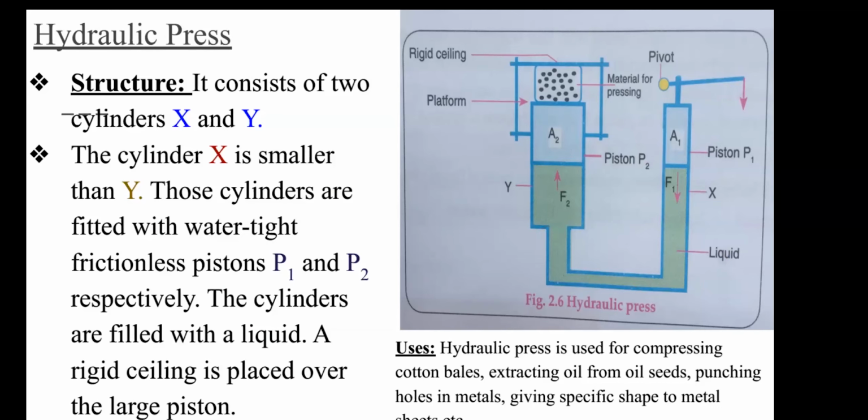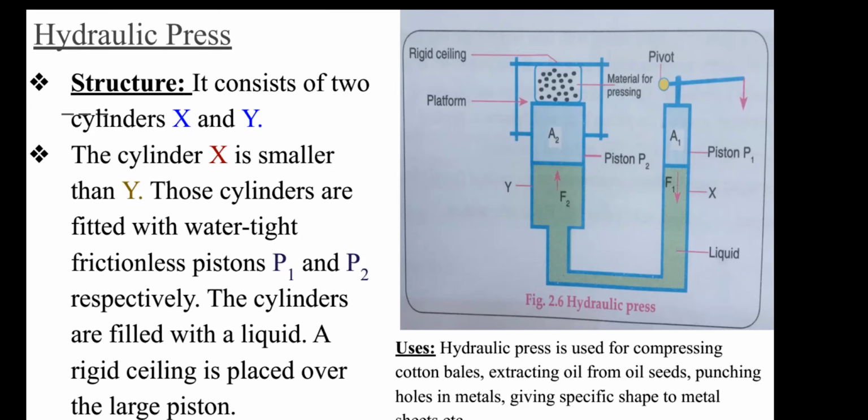So it has cylinder X and cylinder Y, where both are fitted with pistons P1 and P2 respectively, and the whole system is filled with water, or you can say liquid, because it works on the basis of Pascal's law: there is the transmission of liquid pressure equally in all directions.